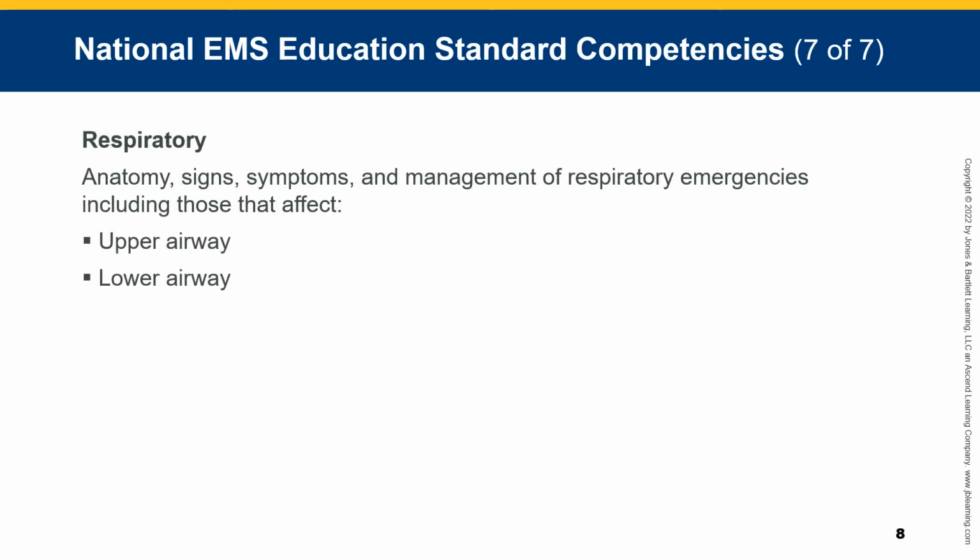And the last part of these standard competencies involving the respiratory system are the anatomy, signs, symptoms, and the management of respiratory emergencies, including those that affect the upper airway, covered on pages 119 through 132 of your text, and the lower airway, also covered on pages 119 through 132 of your text.